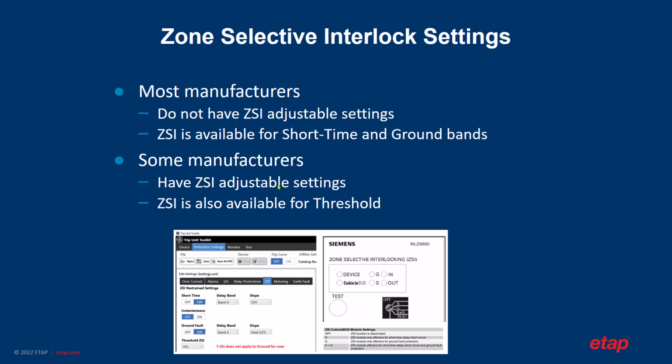And for some manufacturers like GE, they have ZSI adjustable settings, and they also include the threshold ZSI. As you can see in this capture below, the left one is GE. It's very powerful in that you can turn on the ZSI restraint settings for short time, instantaneous, and ground.